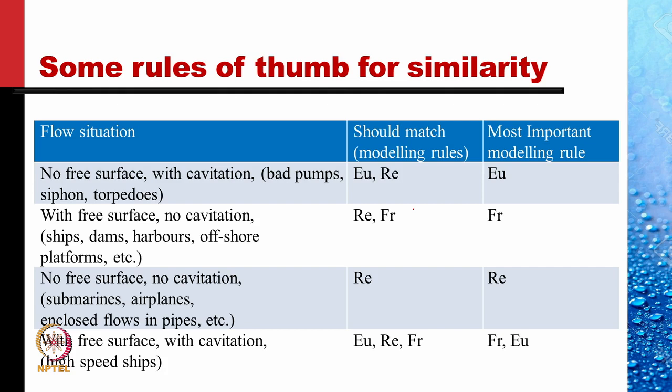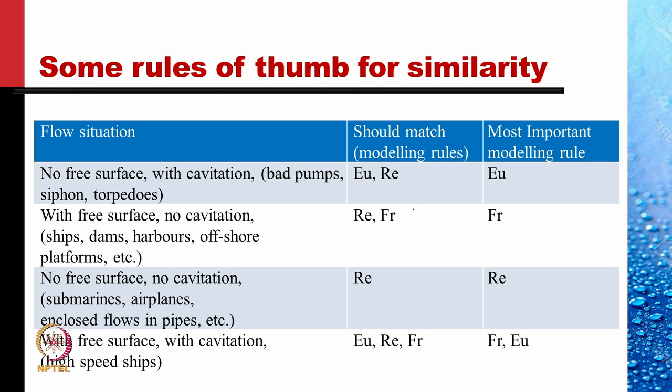We will see later that if the Reynolds number is very high, the dependence on Reynolds number also becomes unimportant, and the flow does not depend upon any of these parameters. It depends only on the geometry.